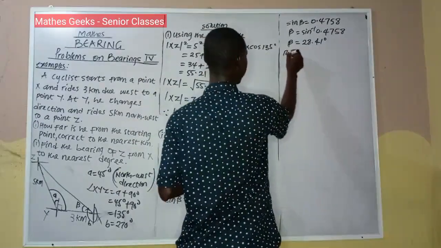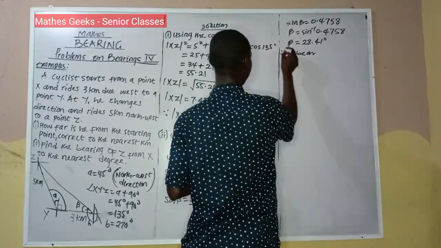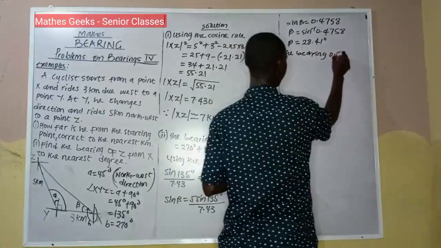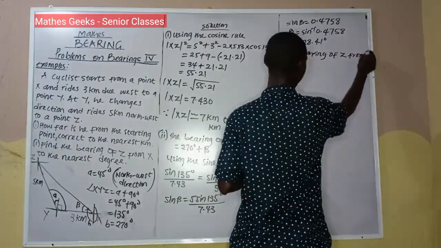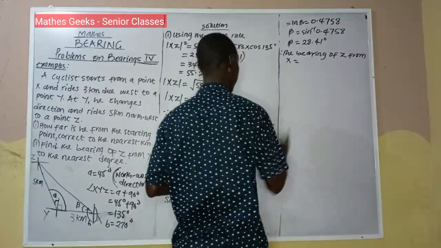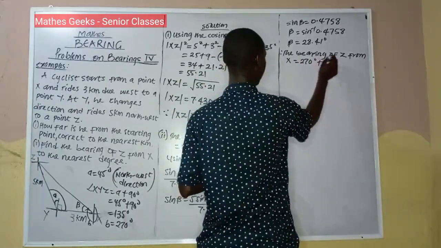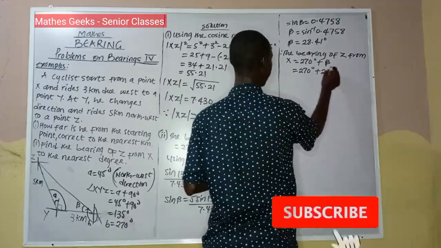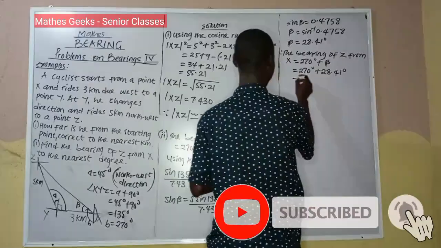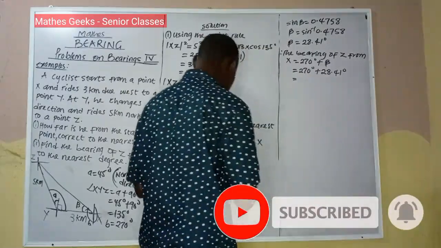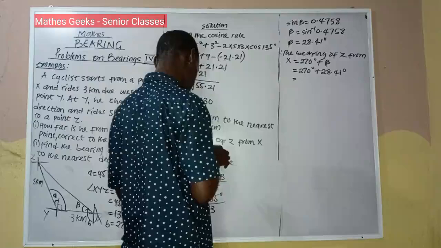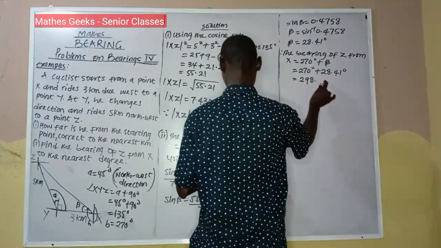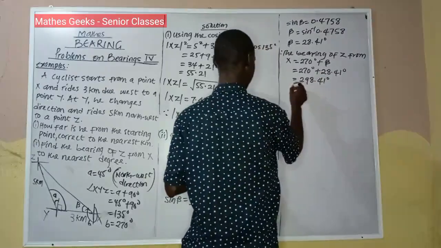So therefore the bearing of Z from X is equal to 270 degrees plus beta, that's 270 degrees plus 28.41, which is 298.41 degrees.